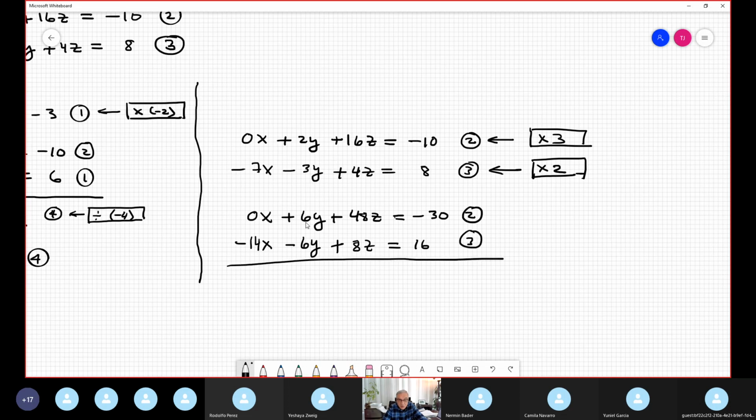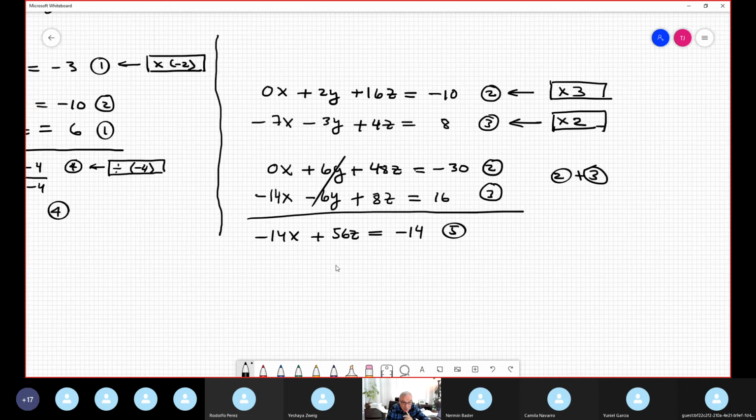But it's ready now for elimination. Add 2 plus 3 by column. The negative 14x cancels out. This is 56z, 48 plus 8, and this is equal negative 14. This is my equation 5. In this equation 5, I can see the coefficients 14 and 56 are divisible by 14. This is not mandatory, but it's okay, I like this way.